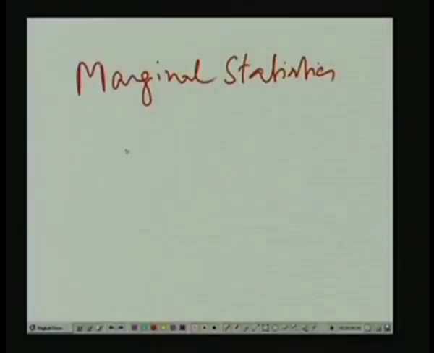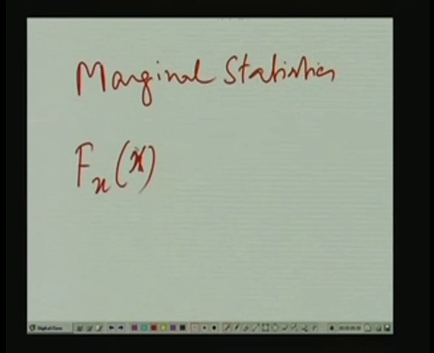You can easily see that if I say, as usual, the probability distribution of x, that is, small x taking values less than or equal to capital X, where capital X is a specified number, this will be called the marginal distribution of x, where x, y are jointly random.